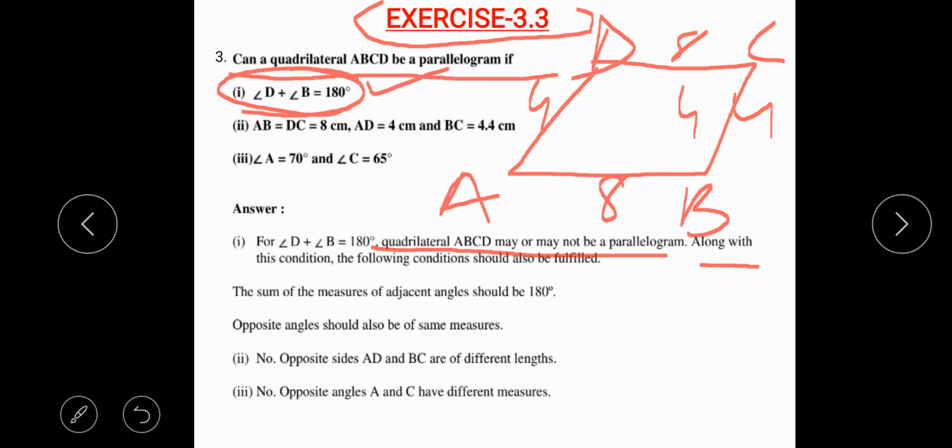One is 4 and the other is 4.4. So we can say no, opposite sides AD and BC are of different lengths.